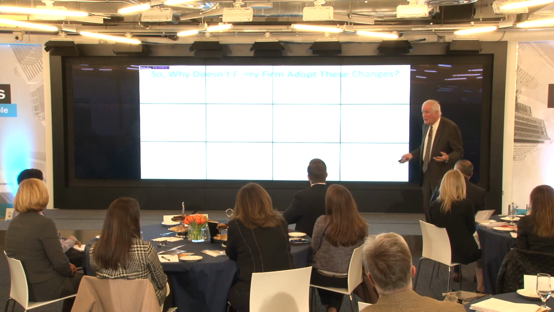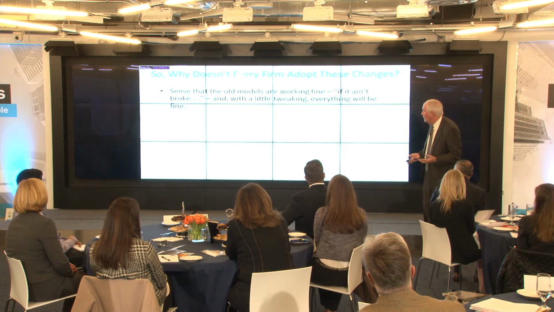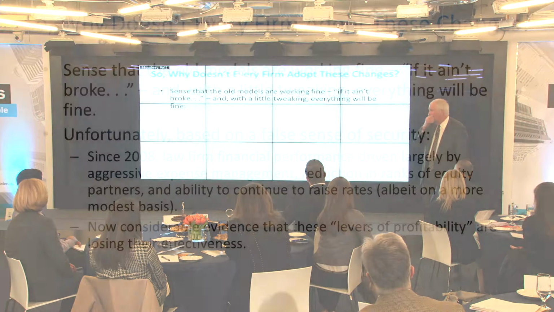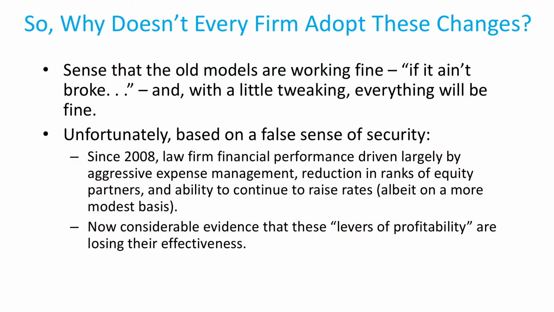So why doesn't everybody do it, right? That's the obvious question. Well, there is a sense in a lot of firms that if it ain't broke, don't fix it, and the old model seems to be working fine. If you look at the financial performance of firms since 2008, most firms are doing okay. Not quite as okay as they were before 2008, but most firms are being able to kind of hold it together.